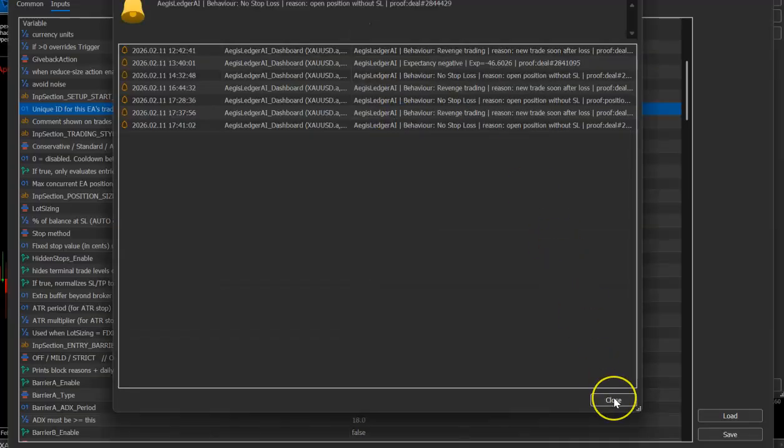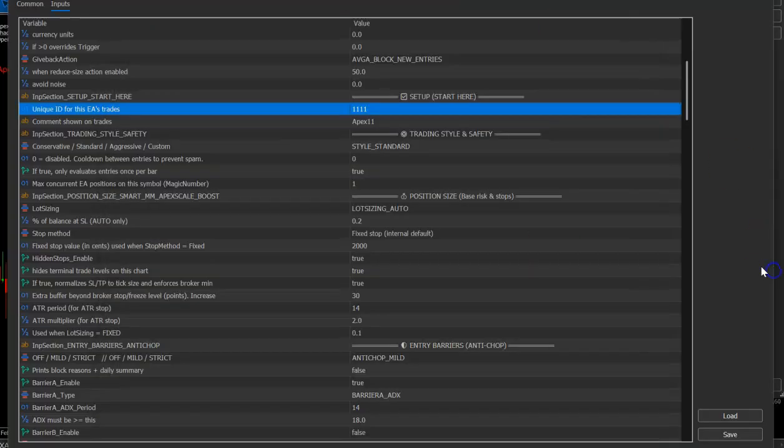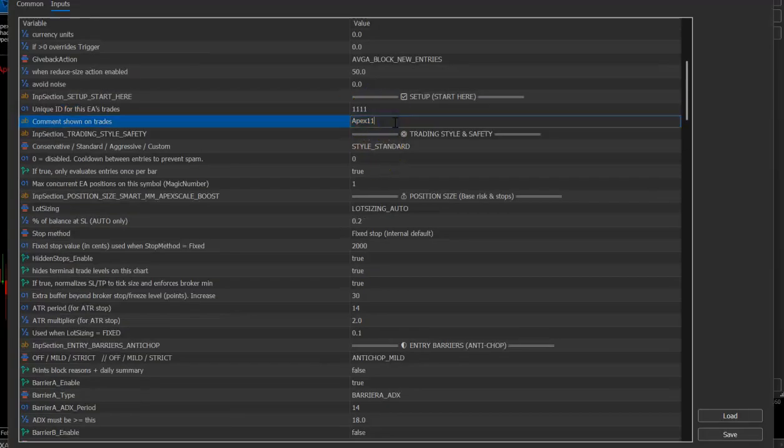What I do recommend on the demo account is running 4 different combinations: one at fixed with no smart money management, one at fixed with smart money management, one at ATR stop fixed, and one at ATR with smart money management.